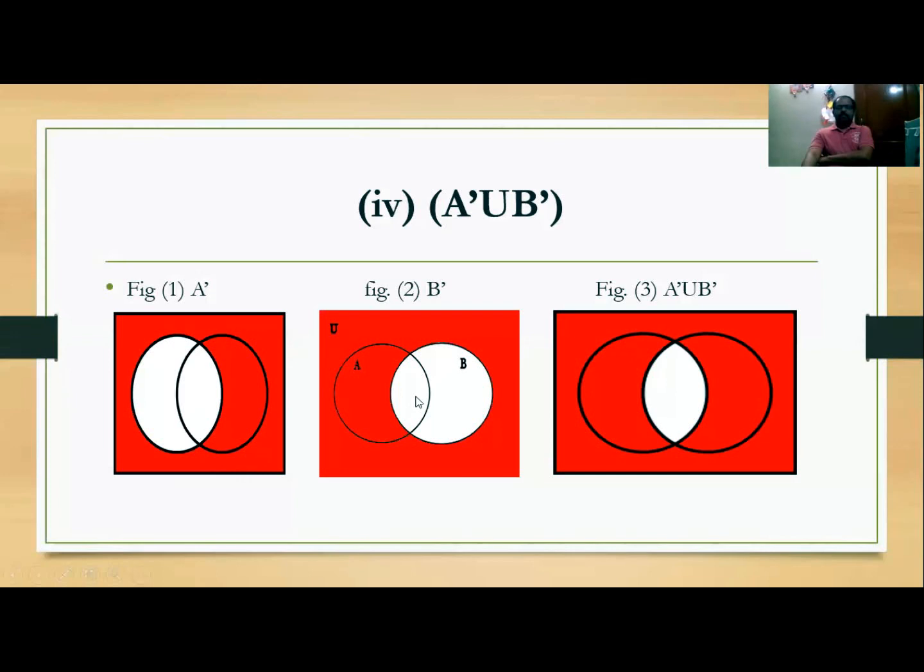Means that will not be in U. So that will be excluded, right? So only this part of set B and this part of set A has some elements. Otherwise the common part of A and B will have no element, means it will be left unshaded. So only the shaded part will be this one, right? So that represents the Venn diagram for A dash union B dash.